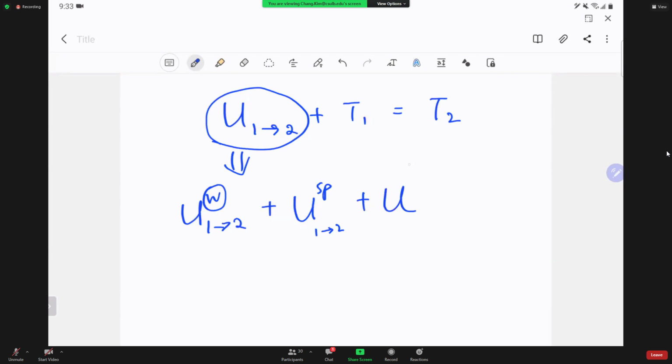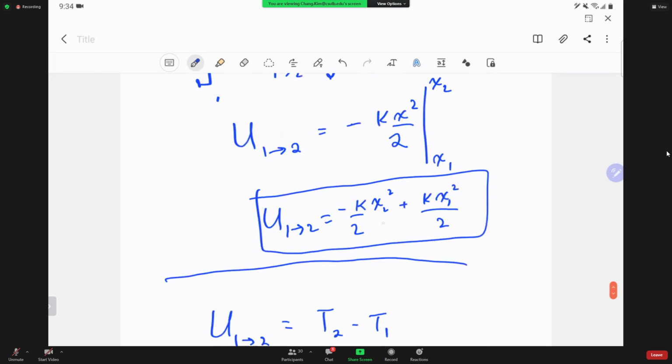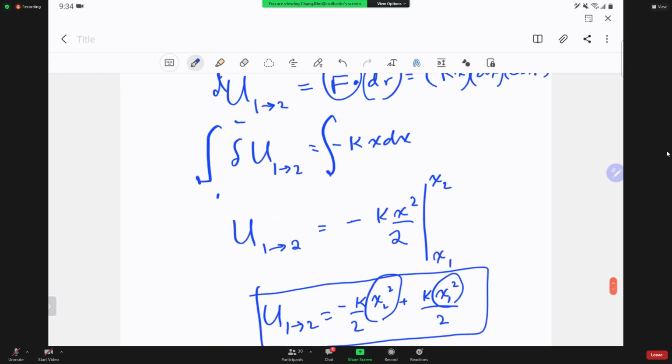These forces do not depend on the path. Okay? These only depend on the end points. It doesn't really matter what happens between x1 and x2.